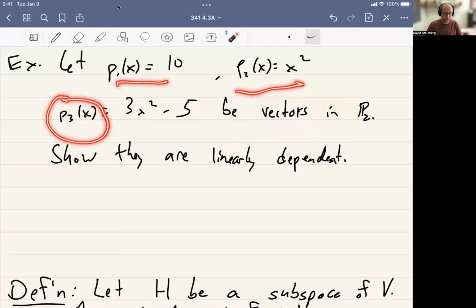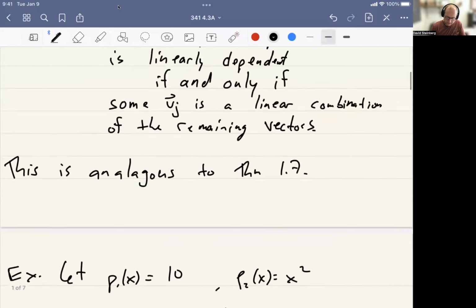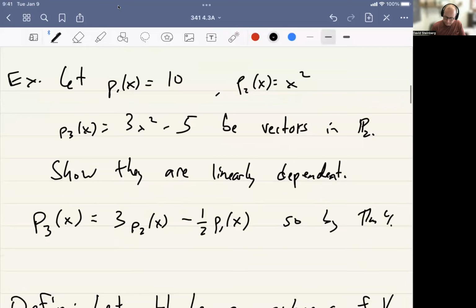So we can see that P3 is just equal to 3P2 minus a half P1. So by theorem 4.4, the set P1, P2, P3 is linearly dependent.